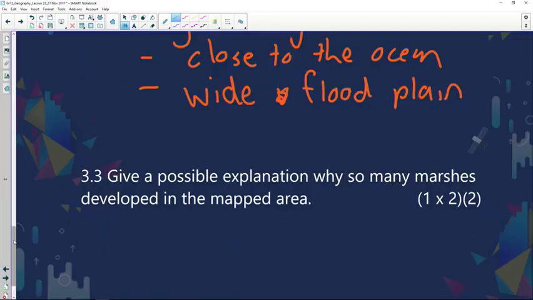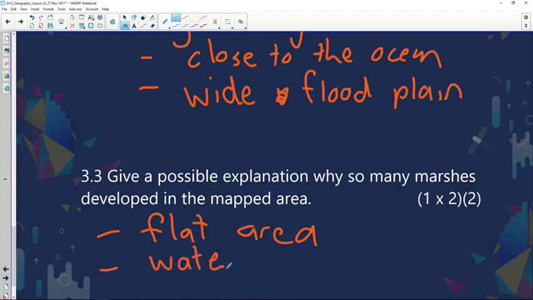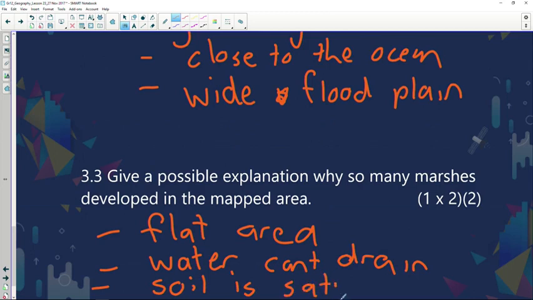First of all, it's a very flat area, so the water can't drain well. It might be because of the underlying rock structure. And we can say the soil is saturated, that's what I meant.